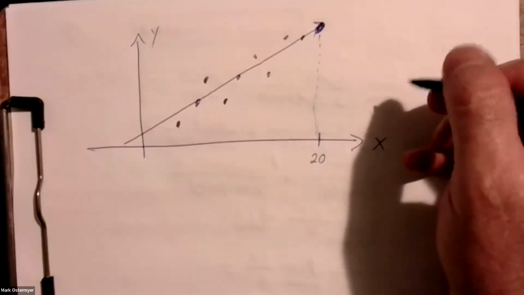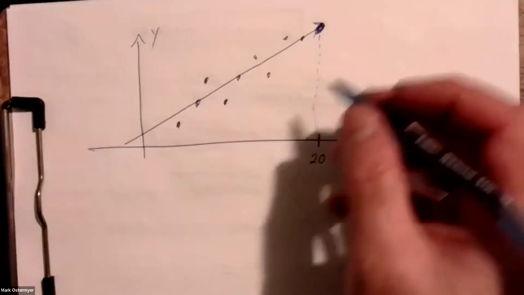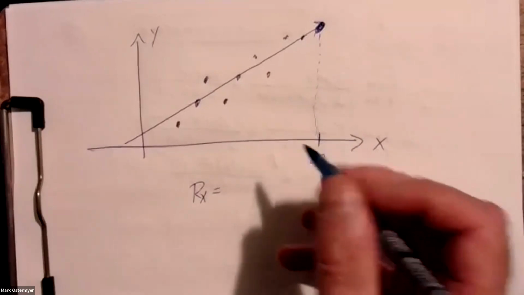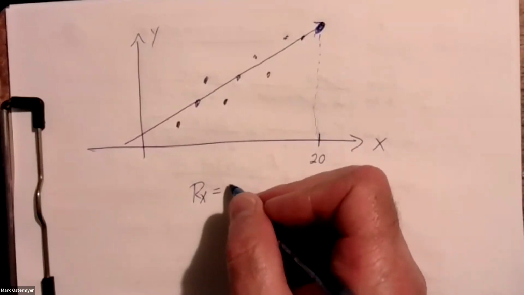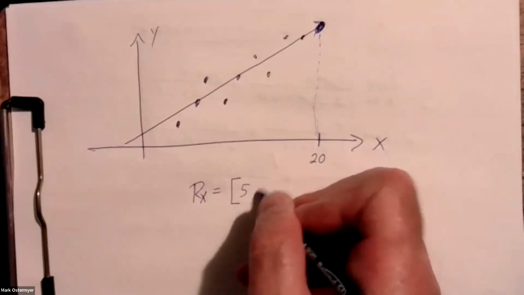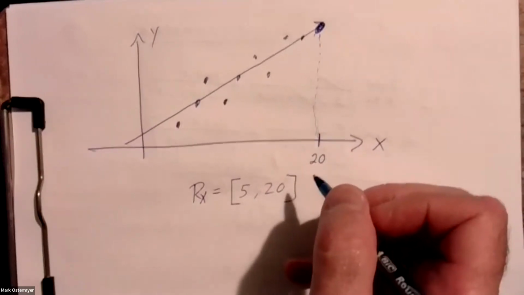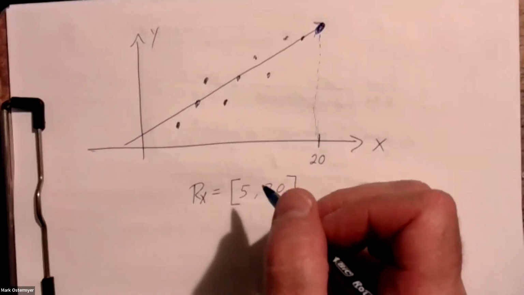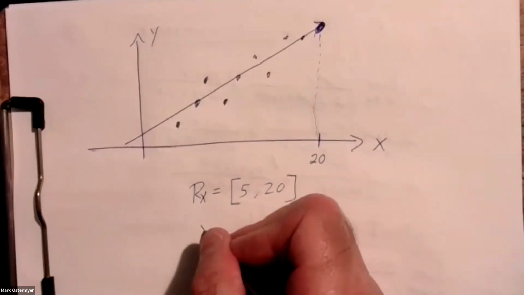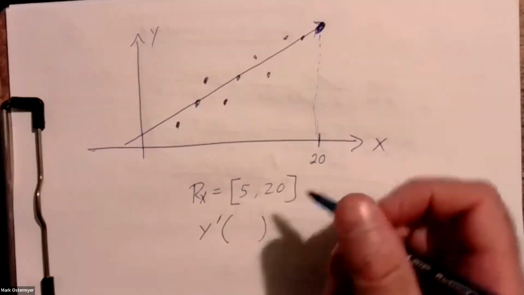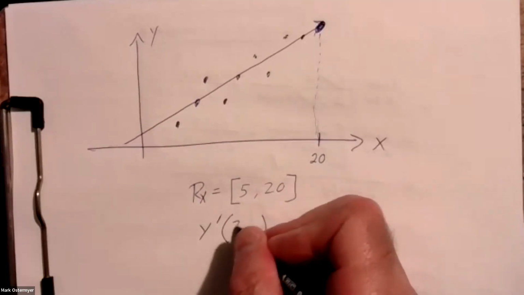All right. The bottom line is this, ladies and gentlemen: if the range of your X data is from maybe 5 to 20, how much faith would we put in a prediction using our linear regression equation by putting, let's say, 30 in for X?